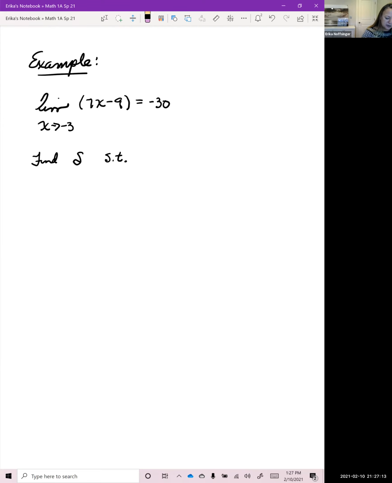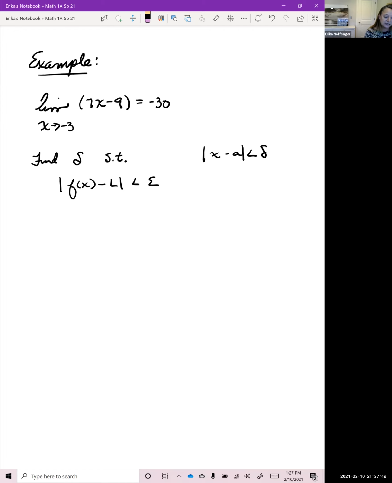So find delta such that delta is greater than 0 and the absolute value of x minus a is less than delta, where the absolute value of f of x minus L is less than epsilon.